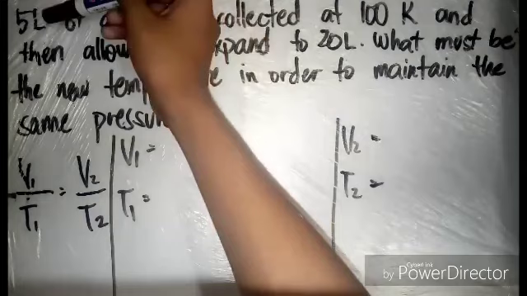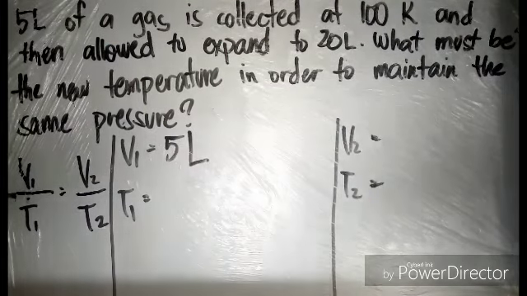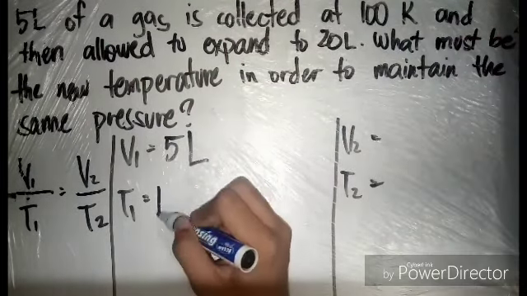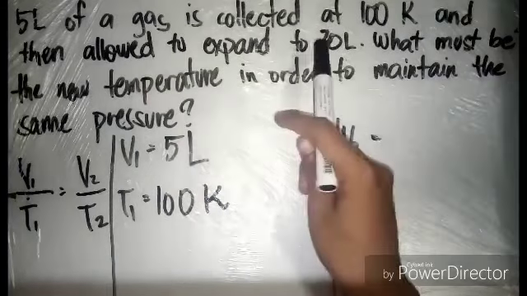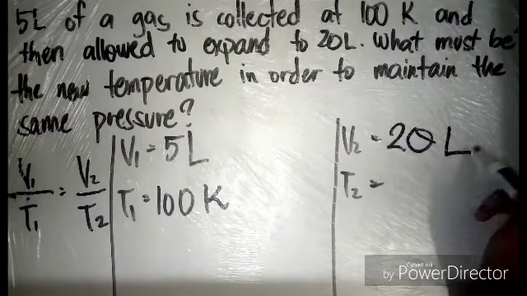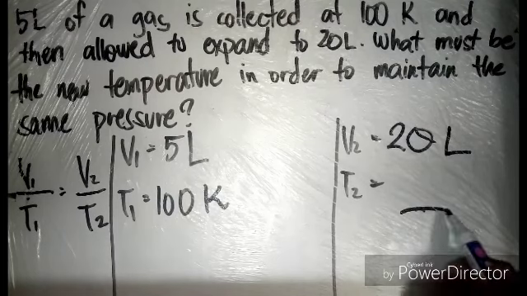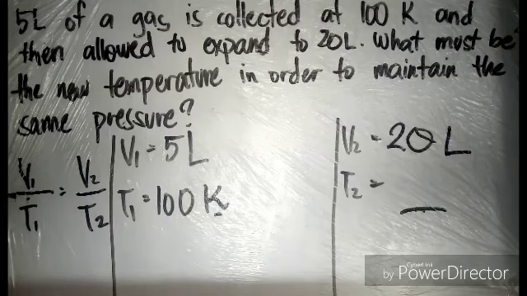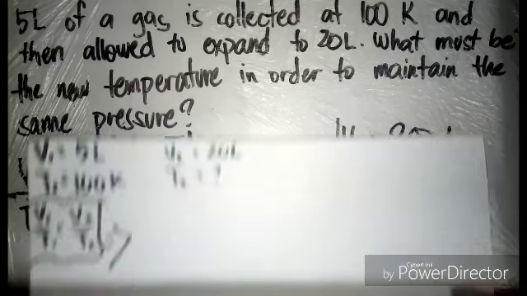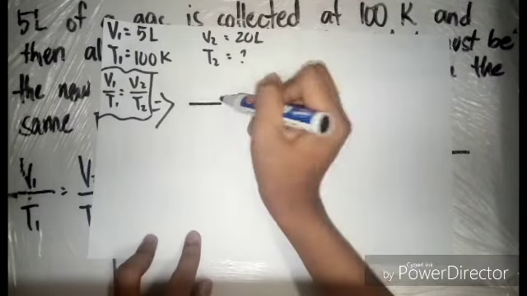And our first volume is 5 liters and its temperature is 100 Kelvin. And its second volume is 20 liters and its temperature is missing. Take note that our temperature is already in Kelvin, so we don't really need to convert it.